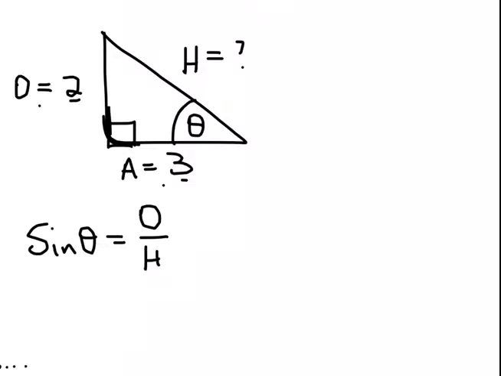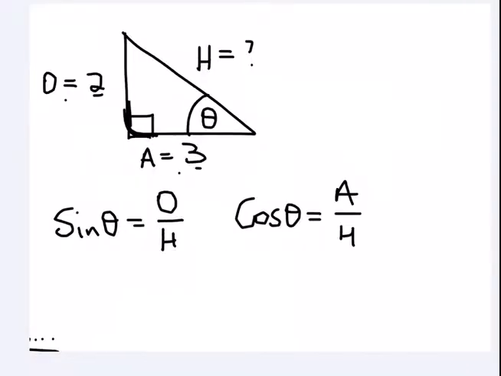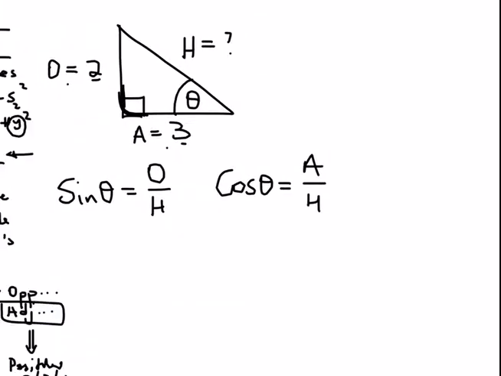And cos of any angle of a triangle equals adjacent over hypotenuse. And tan of an angle equals opposite over adjacent.